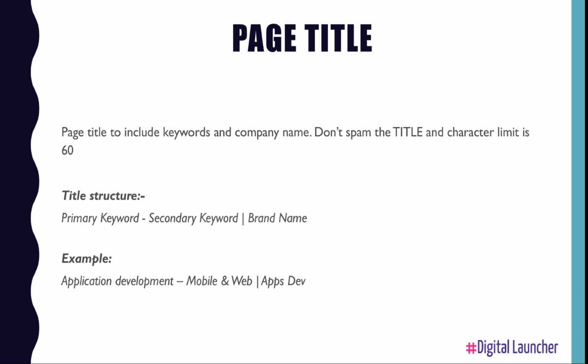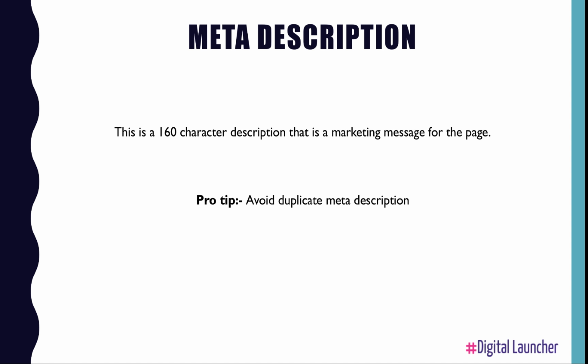Meta description is an important element in your on page. This is a 160 character description, a marketing message for the page. When someone types a particular keyword on Google and your result comes in, you can see the meta description under your URL. So how to write this meta description?